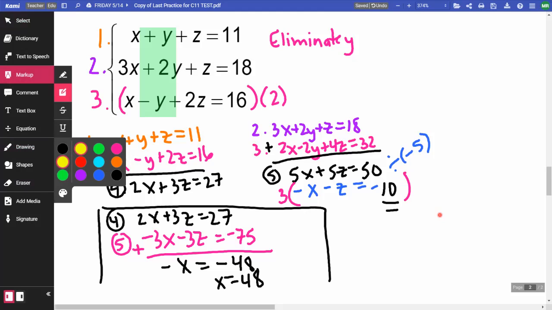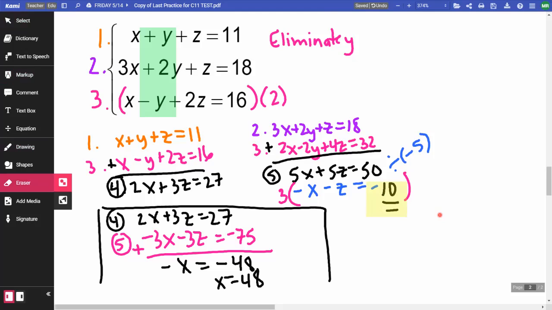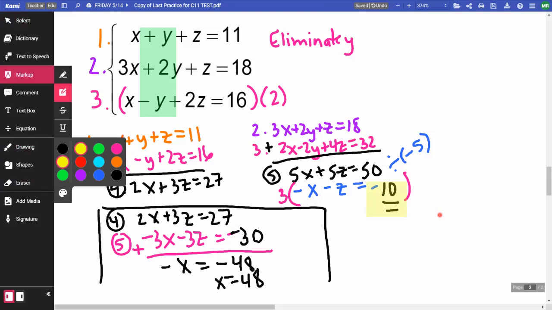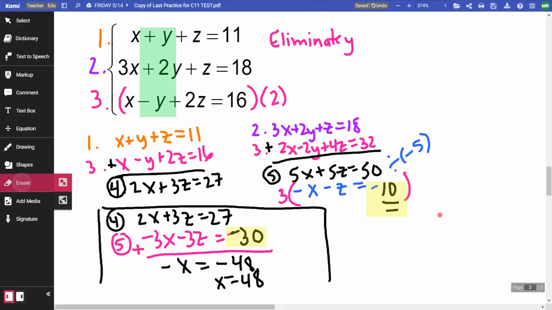Should have been a -10, which means when I times by 3, this is now going to be a -30. Okay, -30. Which means that this is going to be a -3.